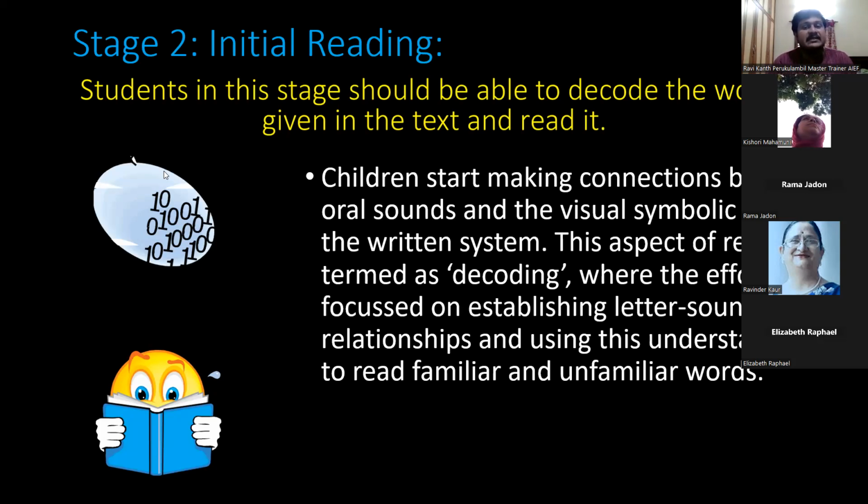This aspect of reading is termed decoding. So in the initial reading stage, decoding has to be given more importance, where the effort is focused on establishing letter-sound relationships. The most important factor is to motivate the child to establish the relationship between the letter and the letter's sound.